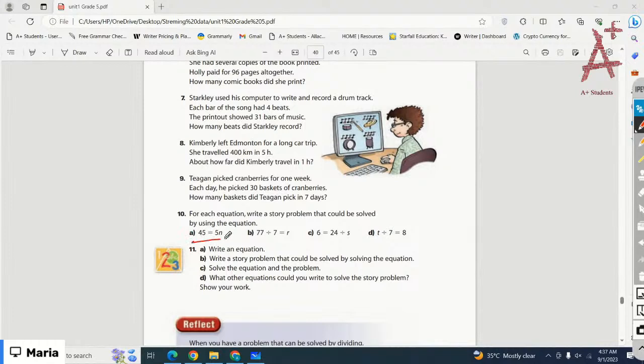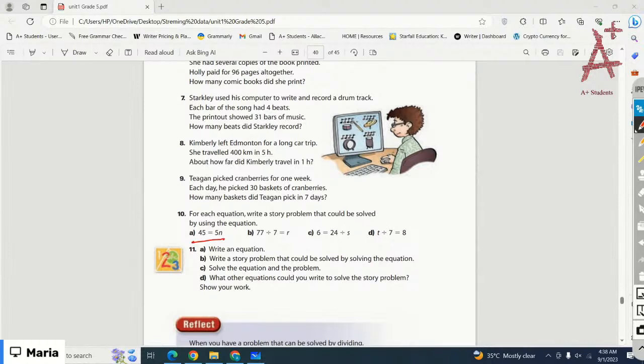For example, for the first one, 45 equals 5n, you can write, cost of one pencil is $5, right? So Stecky paid $45 for the pencils. You have to calculate how many pencils he bought, right? So you have to write down the stories for the equations, right?